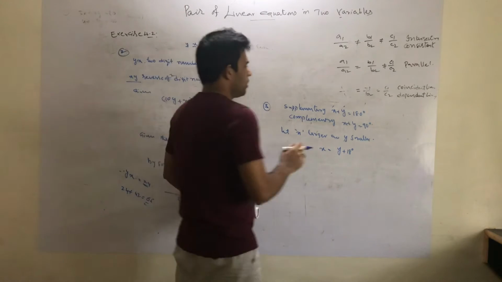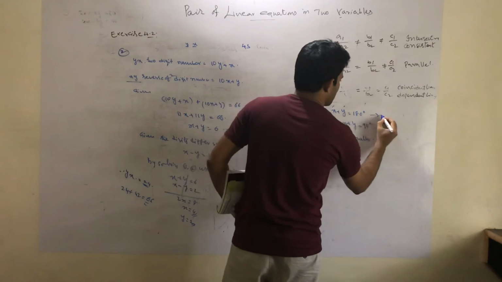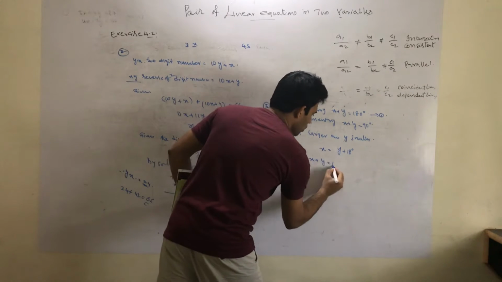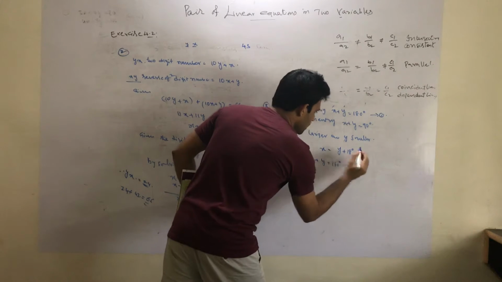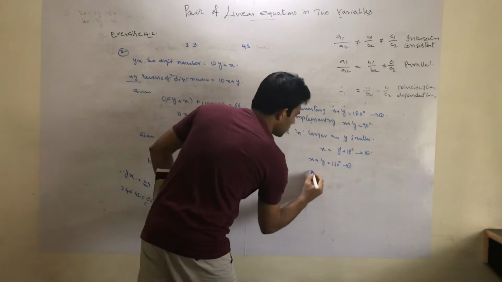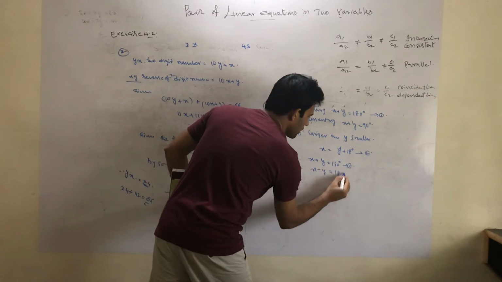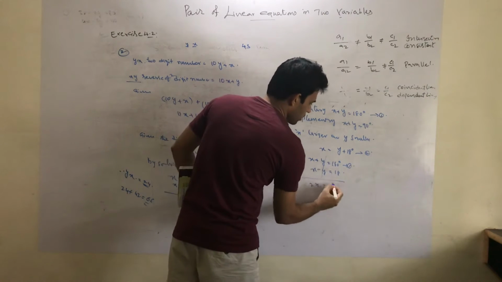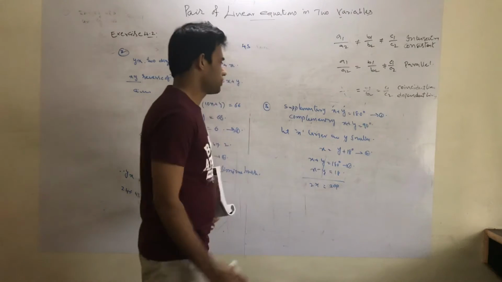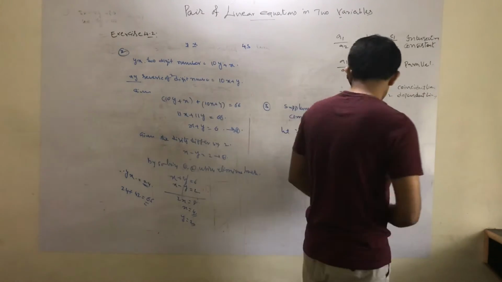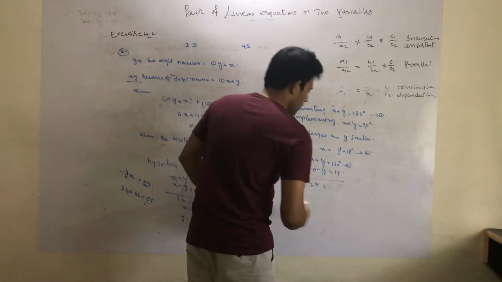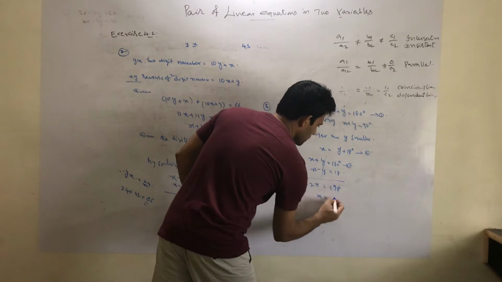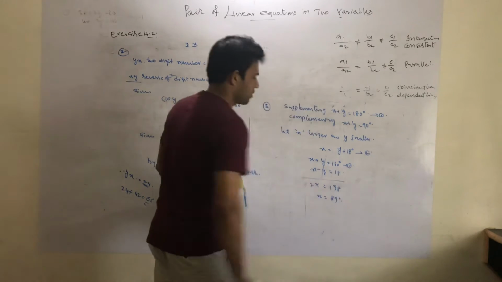So we have two equations. Supplementary angles means x plus y equal to 180. This is equation 1. And this is equation 2, which I can also write as x minus y equal to 18. So if you solve this, 2x becomes 198. That means x is 99 degrees. Is that true?